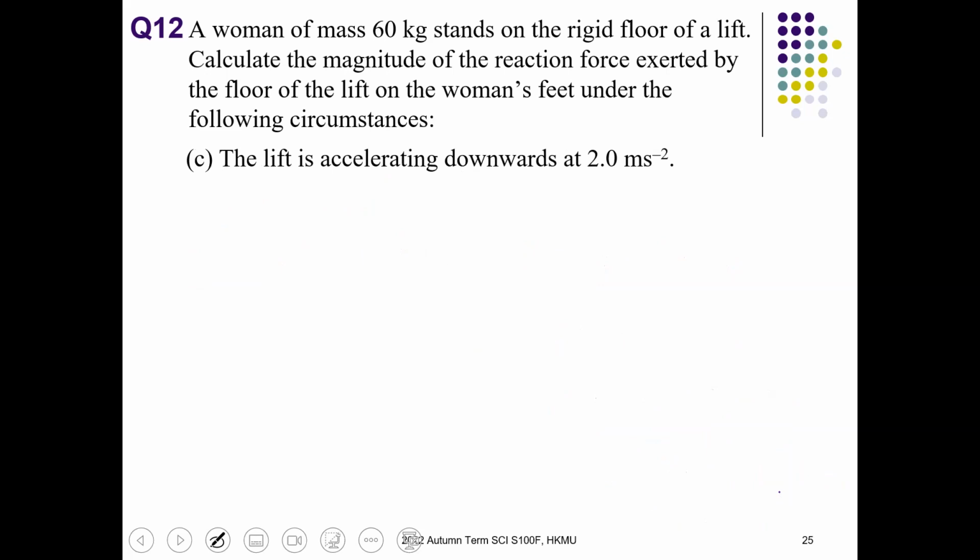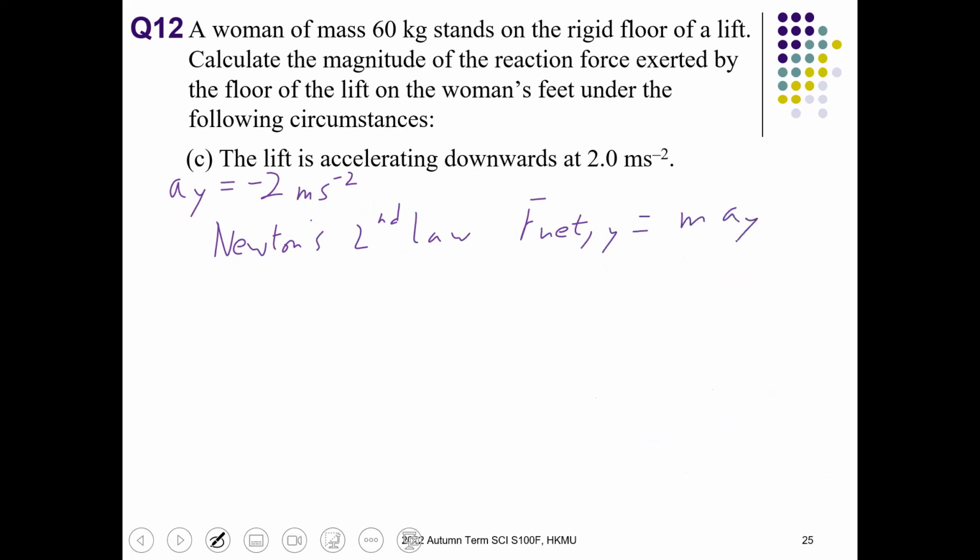In part C, this is just the reverse case of part B. The acceleration of the lift is pointing downwards, with -2 meters per square second. Again, by Newton's second law, just recap what we have in part A and part B. I will go through quickly.